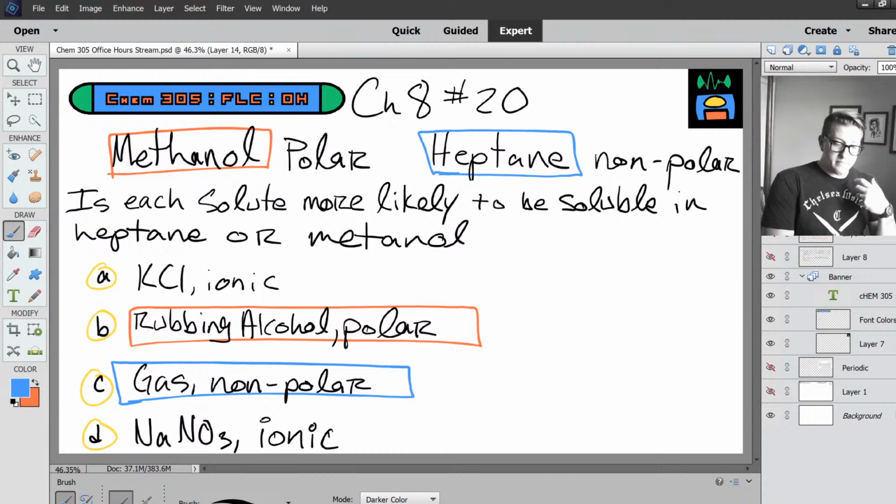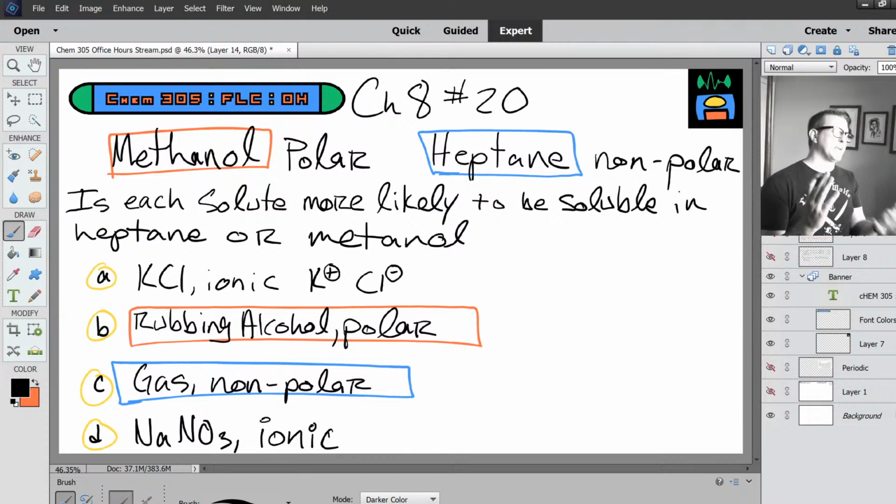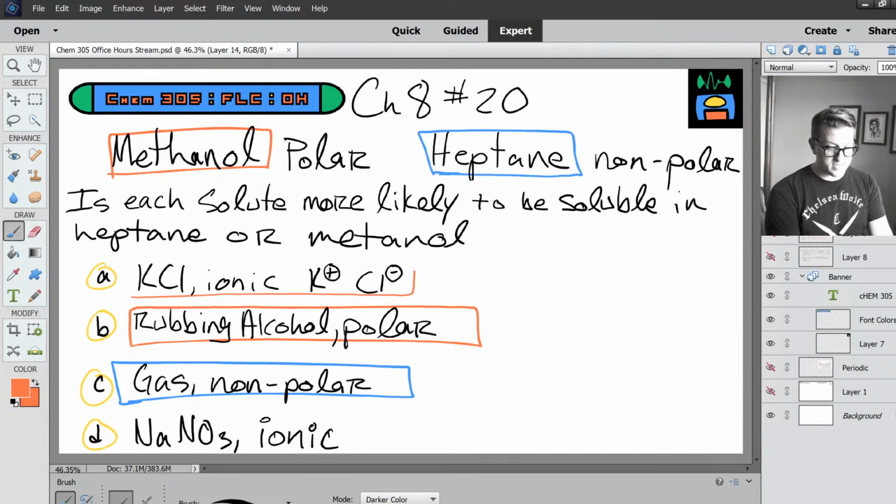All right? But now with the ionic things, well, ionic isn't polar or non-polar. It's not, but remember what ionic means. It means that you have positive and negative charges. And would those charges be more likely to dissolve in something with partial positives and negatives or something with no charges? The answer is it'd be more likely to dissolve in something with partial positives and negatives.